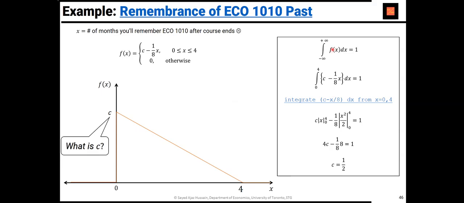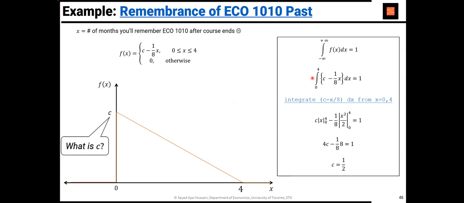So I should have broken this up into 3 parts, but then I would never finish making my slide. So I have left out the part from minus infinity to 0 and the part from 4 to plus infinity, and I've left in the part that says give me the integral from 0 to 4. I know that area has to be equal to 1 when you integrate.